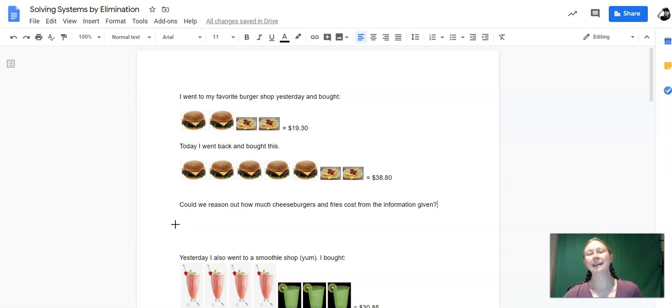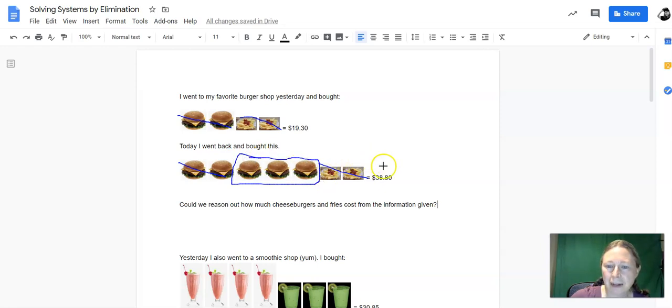Okay, now that you're back, one thing that you might have noticed is that the difference between yesterday's burger purchases and today's burger purchases came down to basically 3 cheeseburgers. So for example, there's 2 cheeseburgers, same as these 2 cheeseburgers here. There's 2 fries, same as those 2 fries there. So the cheeseburgers were the only thing different.